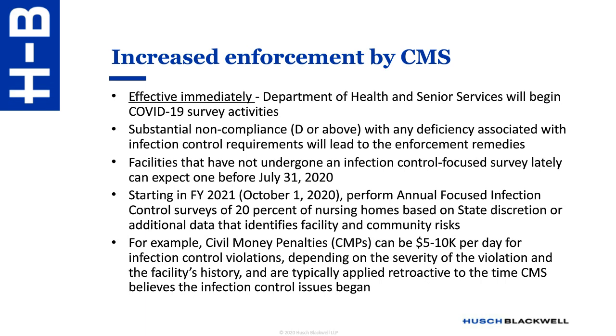For pretty much any deficiency, D or above, you're probably going to see a DPNA that may not go into effect depending on the time that your facility is able to get back into compliance. That DPNA is the denial of payment for your new Medicare and Medicaid admissions. And generally in all these surveys, you're going to have the penalty of the nurse aide training prohibition if you get a D or higher.